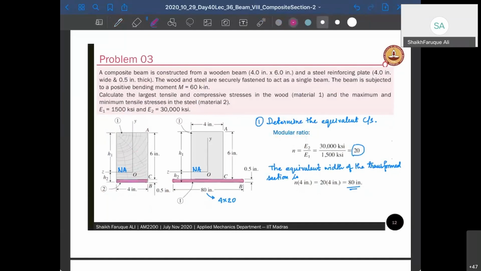So I'll just multiply the width of the section by 20. Earlier the width was 4 inches. Now I multiply with 20, it becomes 80 inches. So this is my equivalent cross section now. It's almost like a large-flange T section.